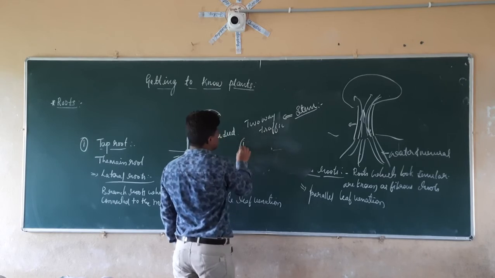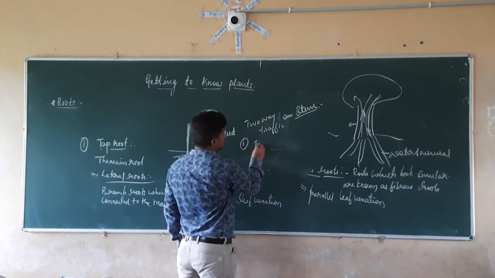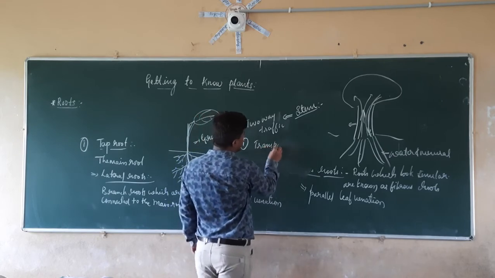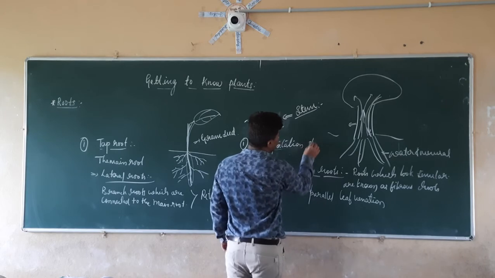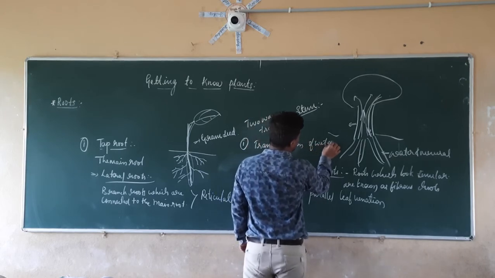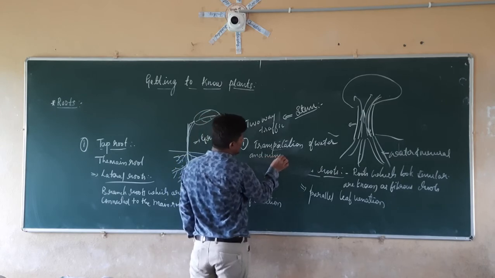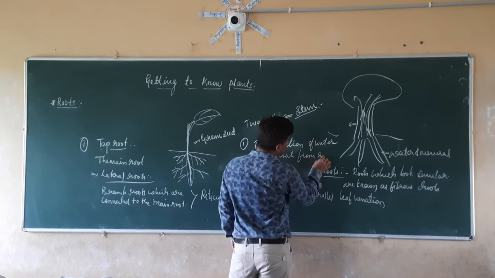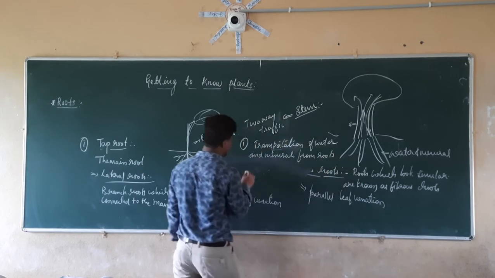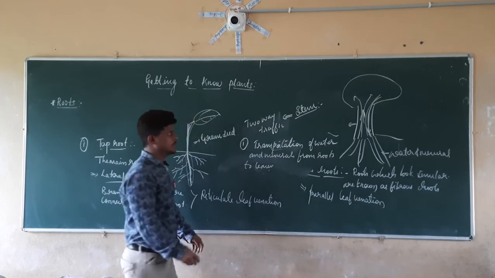First one is transportation of water and minerals from roots to leaves, which is done by the stem.